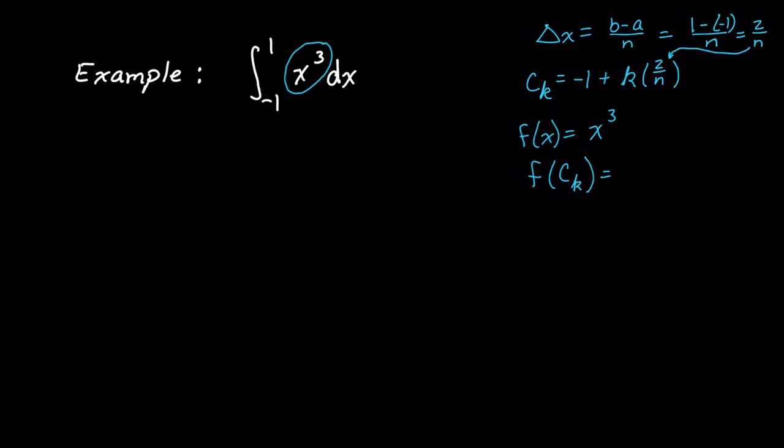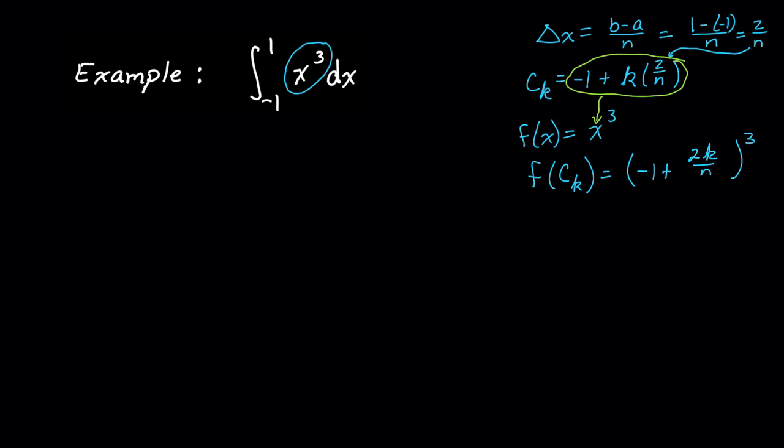So we're going to be taking this, substituting it into our function, which will give us negative 1 plus k times 2 over n. And I could also write this as 2k over n, and this is raised to the third power.